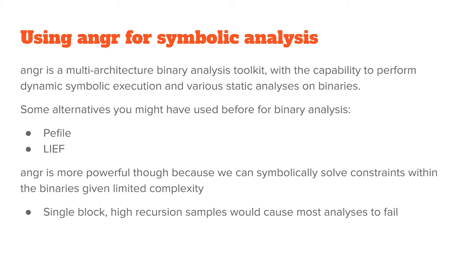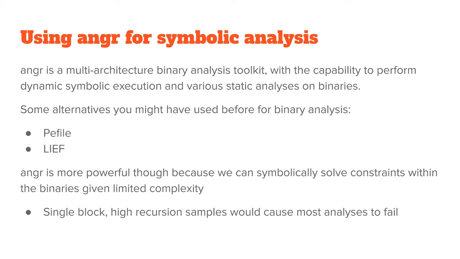One example where we're going outside the bounds of what it's capable of, outside the scope, would be single block high recursion samples. The reason they would fail is that constraint solving requires that it traverses each block, provides the constraints for them, and then attempts to solve for them as it goes down that control flow graph.